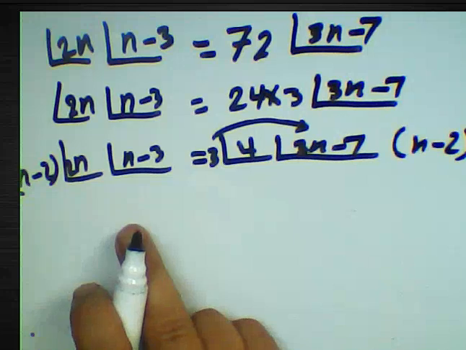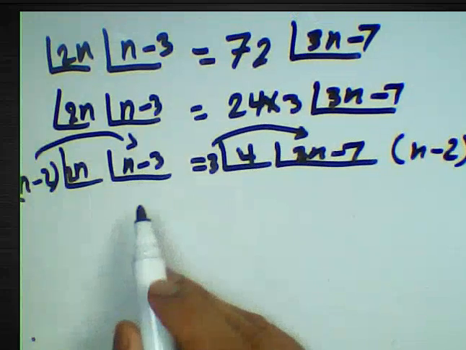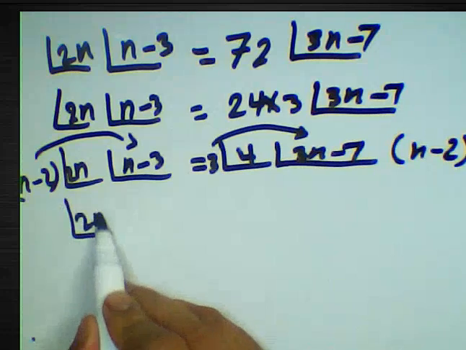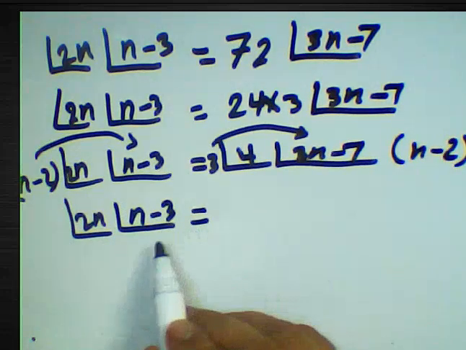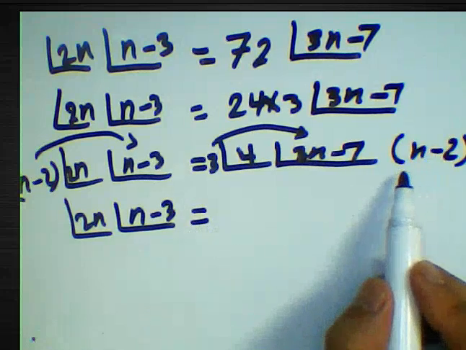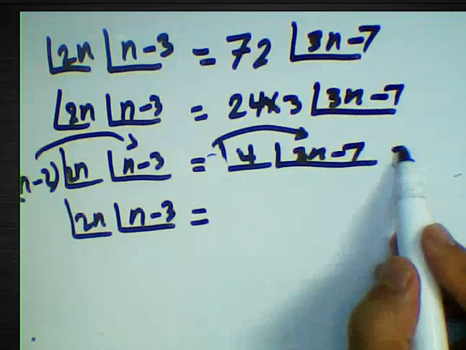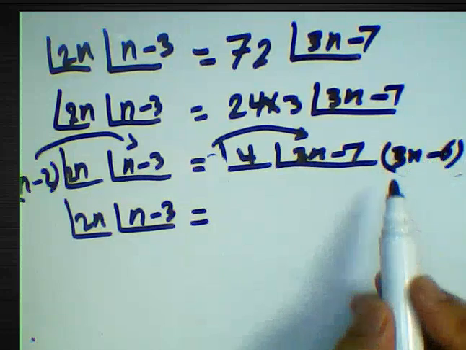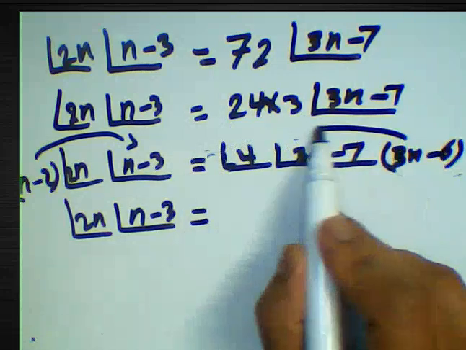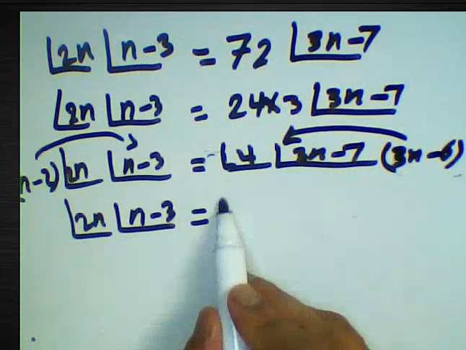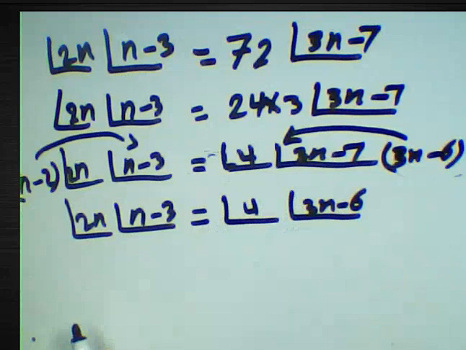We can write n minus 2 inside and write (2n)! outside, n minus 3, and 3 times 2n, it will be 3n minus 6. We can write this expression inside, write 4! and (3n−6)!.